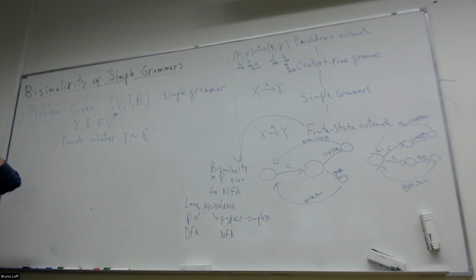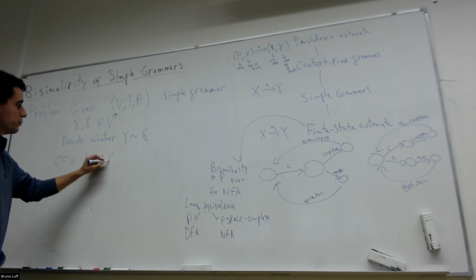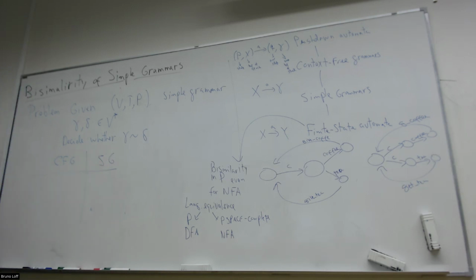So let's go a little bit again about context-free versus simple grammars. We have context-free grammars and we have simple grammars. Let's think about what we know about these algorithms. First, for context-free grammars, we know that in general there is a doubly exponential time algorithm, so this is at most 2-EXPTIME.